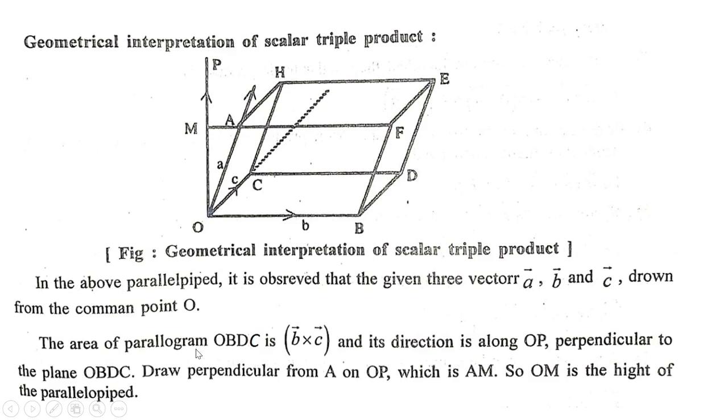Now the area of parallelogram OBDC is B bar cross C bar, and its direction is along OP, that is perpendicular to the plane OBDC, as shown in the figure.